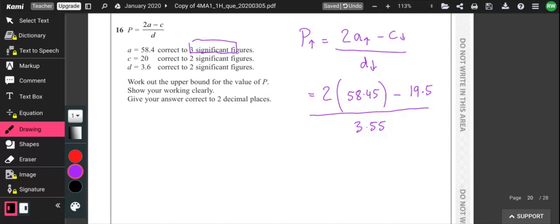For the second one, 2 significant figures, that's the units column, so we go to the tenths column and go up and down half the accuracy, and the same for the part for d. So when we put this into the calculator, we get 27.44 to 2 decimal places.